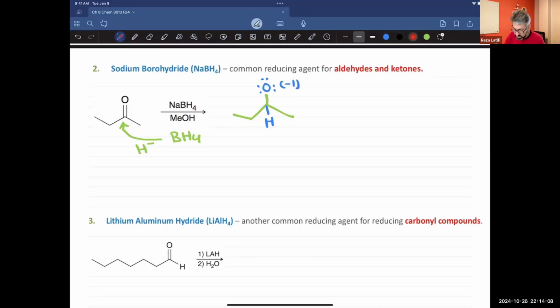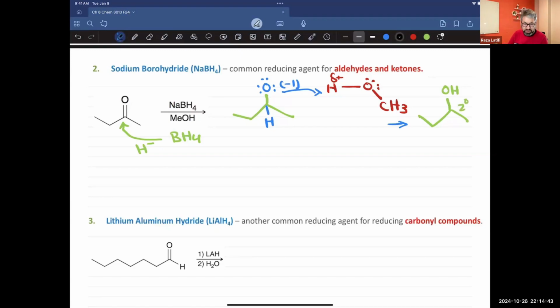Very soon, oxygen is going to look for acidic H, and it can find it inside methanol. This one has partial positive charges. So the solvent will go after that H, and it will turn to such a product. So the carbonyl group turned to alcohol because it's a ketone. Again, we get a secondary alcohol.